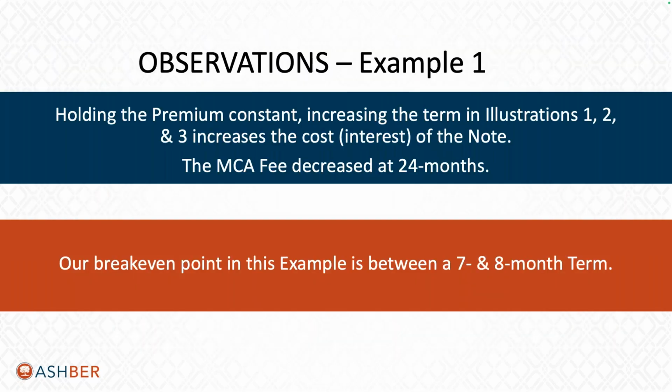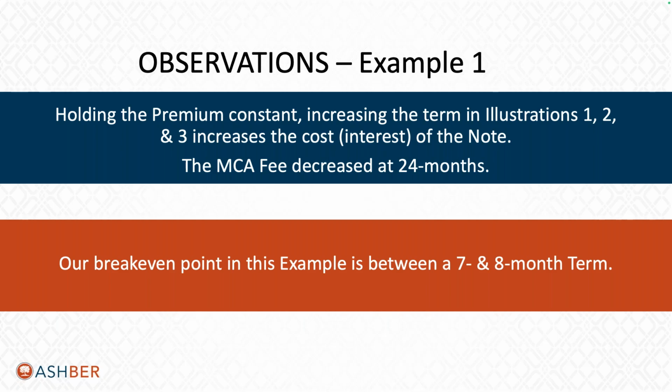So looking at the observations here on the first example, holding the premium constant and increasing the term is going to increase the cost of the promissory note, while the annuity goes down at 24 months. The longer the term, essentially, the more favorable the annuity becomes.